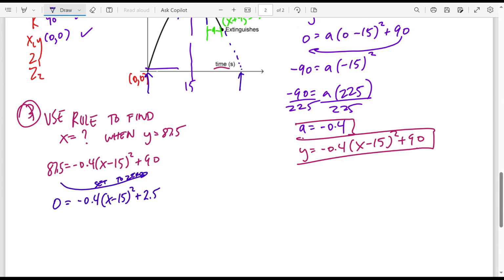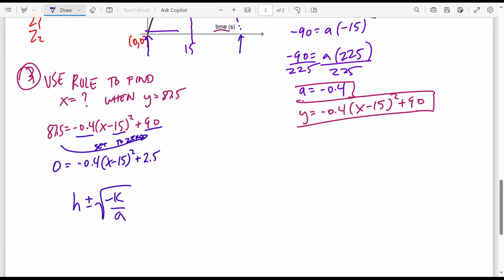So you'll notice here, if I plugged in the original negative 0.4, 15, and 90, I would have got 0 and 30 out of this formula right here. But I don't want to find out the zeros. I wanted to find out what x was when y was 87.5.